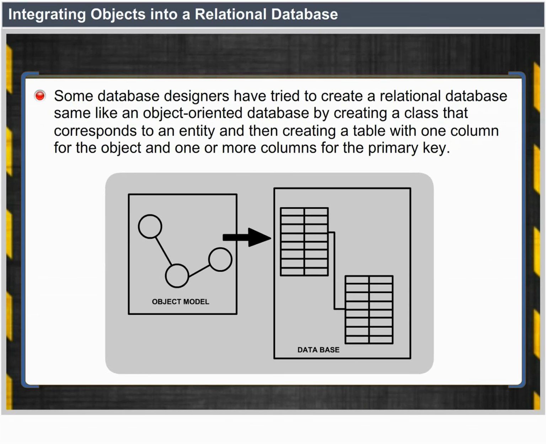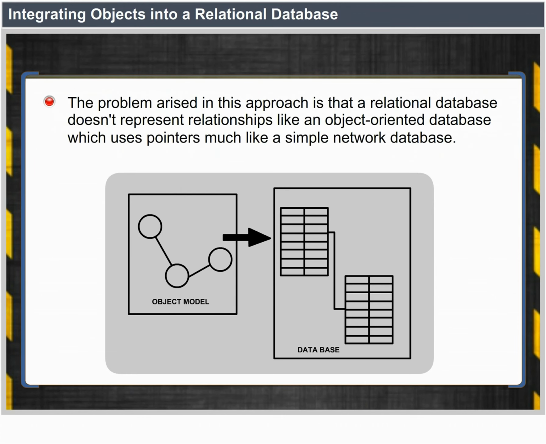Some database designers have attempted to make a relational database act like an object-oriented database by creating a class that corresponds to an entity and then creating a table with one column for the object and one or more columns for the primary key. The problem with this approach is that a relational database doesn't represent relationships like an object-oriented database, which uses pointers much like a simple network database.